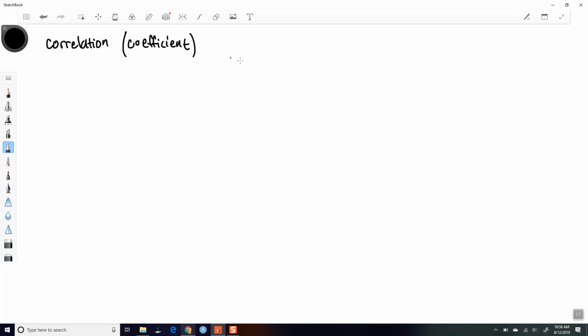So I'll put coefficient in parentheses. The correlation coefficient is a numeric value that basically summarizes the direction and strength of a linear relationship.